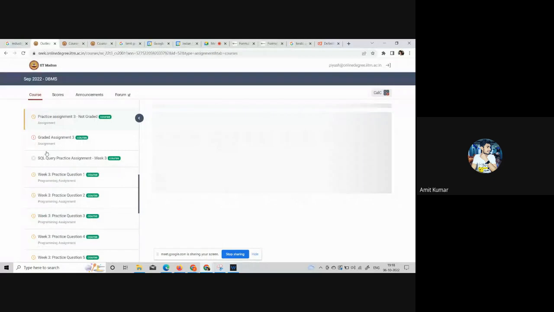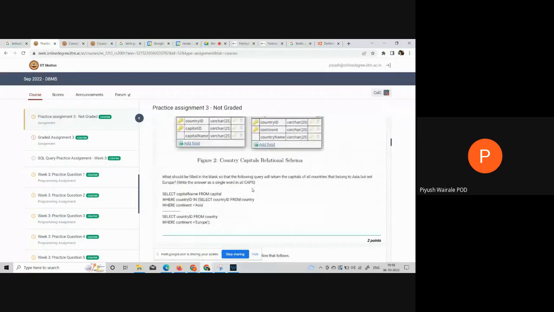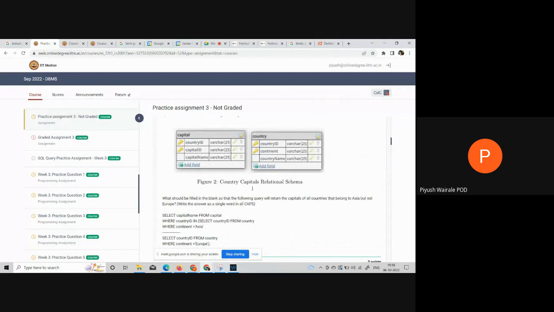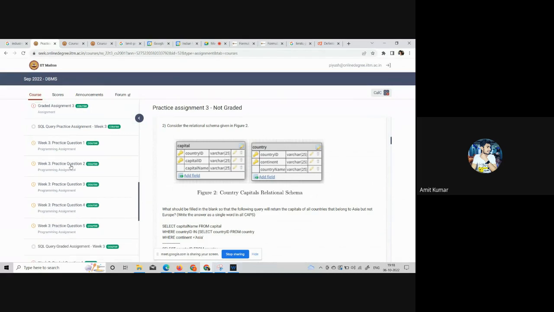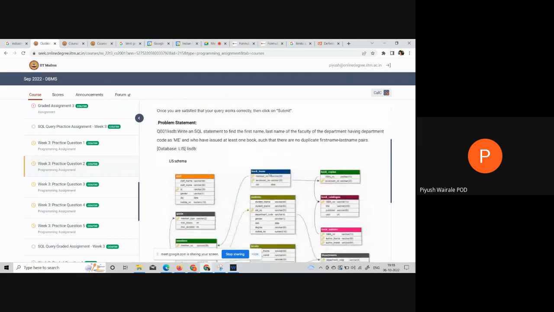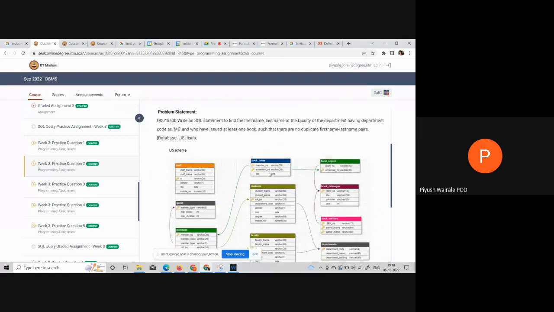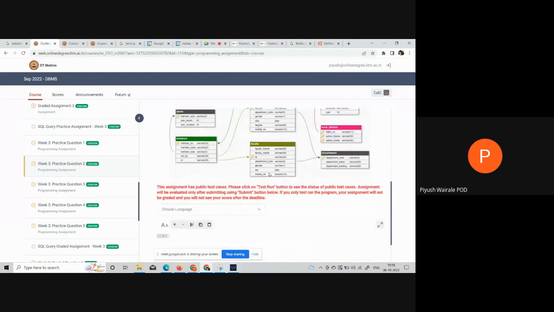Question number 2. Week 3 practice question 2. This one? Yes. Programming assignment: write an SQL statement to find out the element. Okay, so what is your doubt in this?